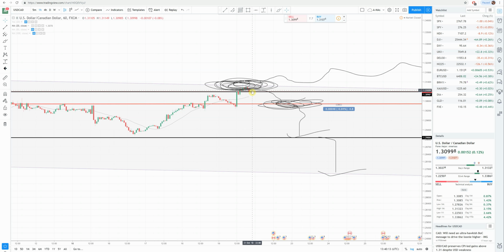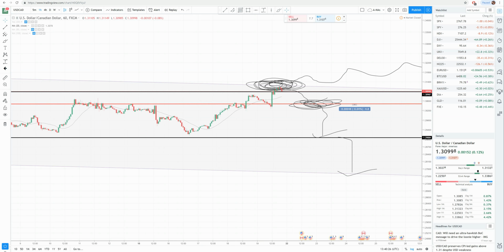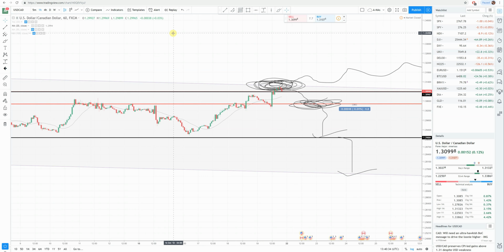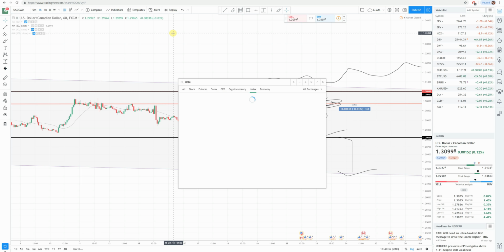We just have to wait and see which one the market will go on to do in the next few days, or this coming week. Right? That's it for USD Canadian dollar. Let's move on to USD Japanese yen.